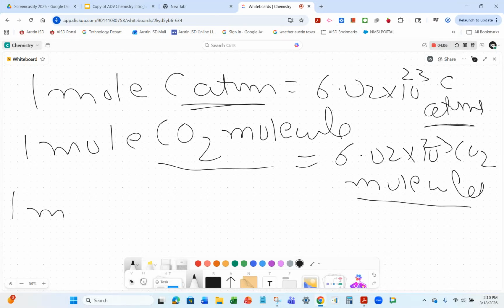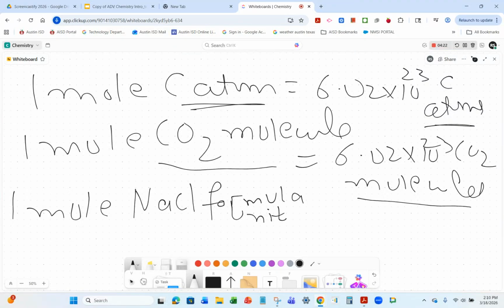Let's say one more example. One mole of, let's say, the compound NaCl. Everybody knows what NaCl is. It's a salt. NaCl formula units. Units, why? Because it consists of two different ions or units. That's why we are using formula units. You can also say molecules too.